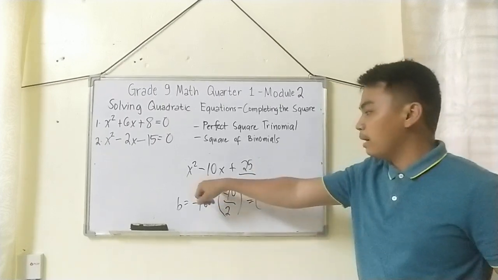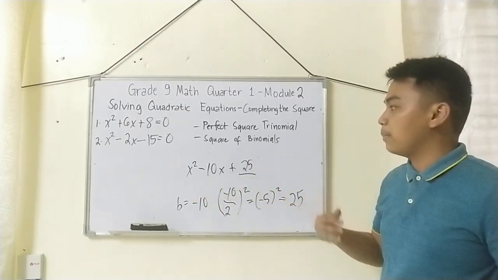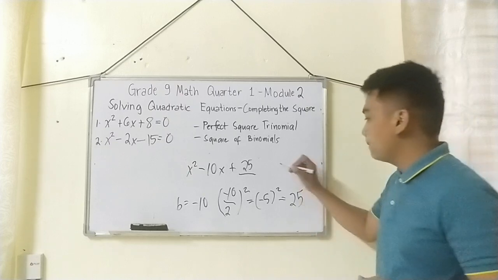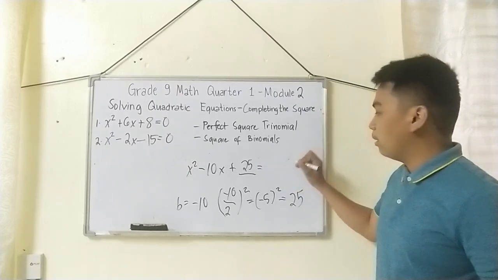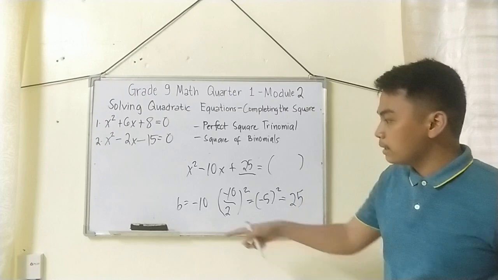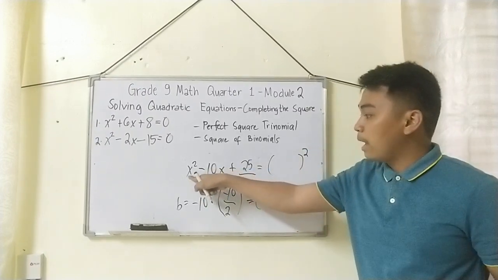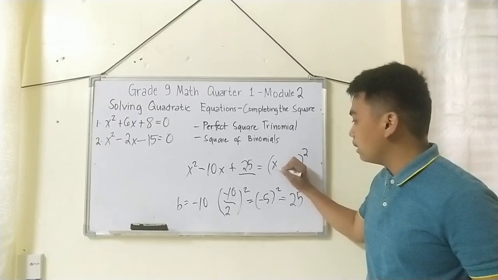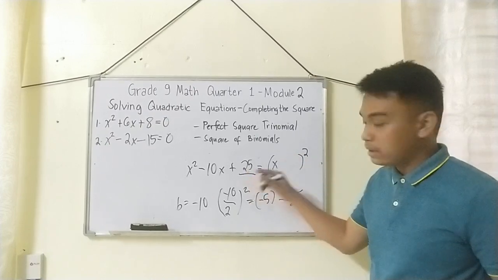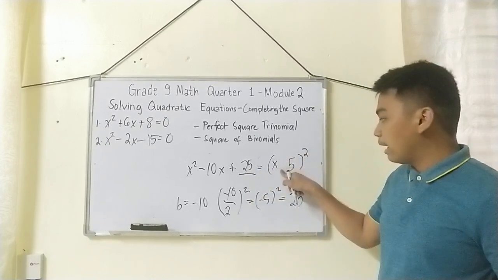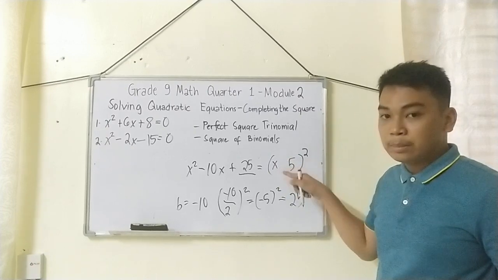So, the 25, that's what we add here. That means x squared minus 10x plus 25 is a perfect square trinomial. Then let's make this a square of binomial. First, take the square root of x squared, which is x. Then the square root of 25 is 5. What do we put here? Is it addition or subtraction?